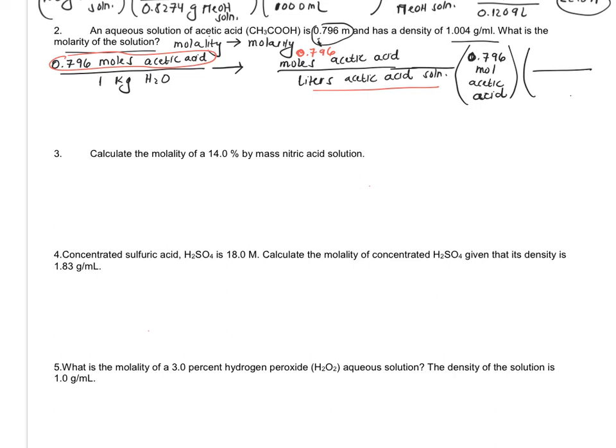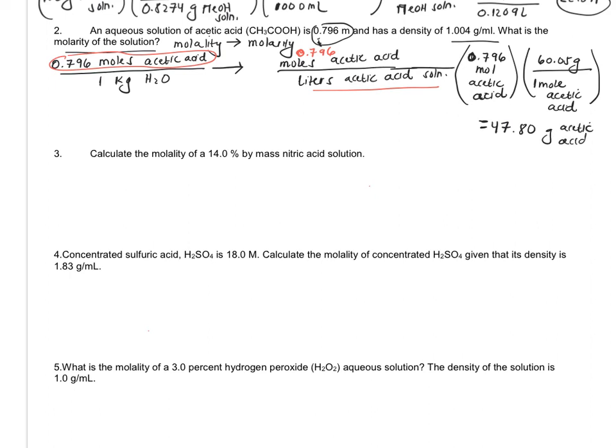I know that in 1 mole of acetic acid, I have 60.05 grams, according to the periodic table. So that ends up being 47.80 grams of acetic acid.